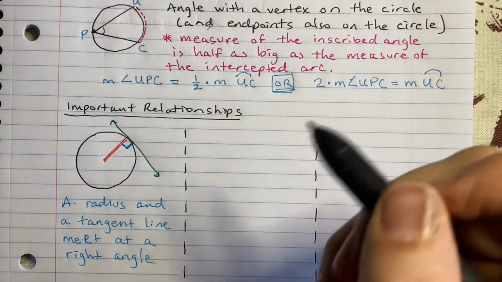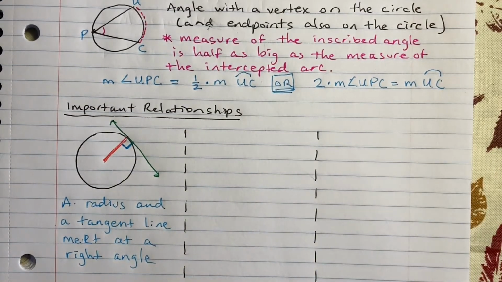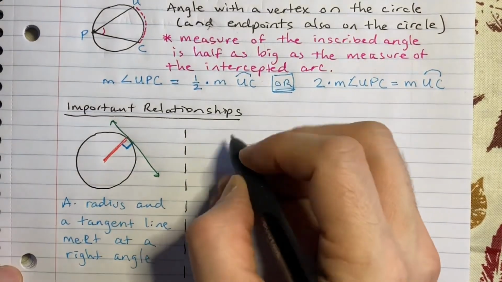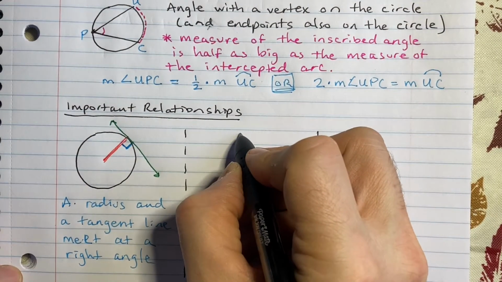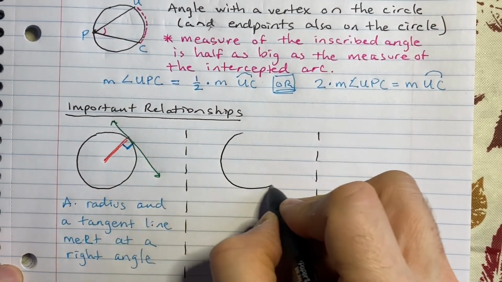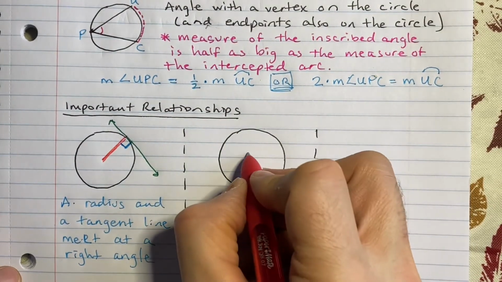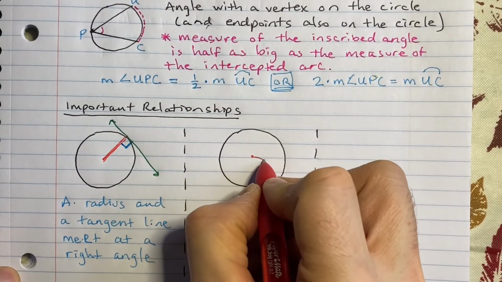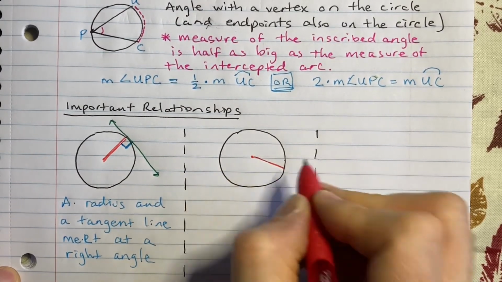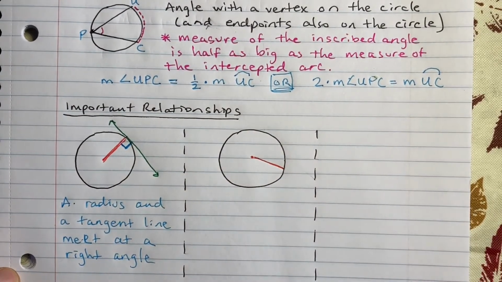Our second important relationship is between a radius and a chord. So I'll draw another picture to illustrate this. We've got a circle. I'm going to draw in a radius. Let's make our radius go this way this time. So that's a radius.